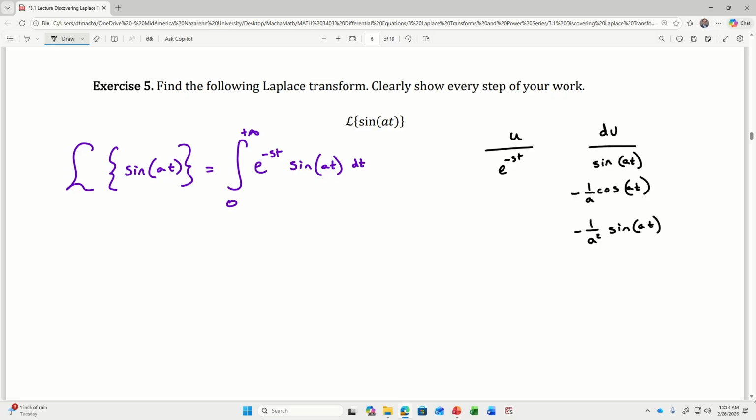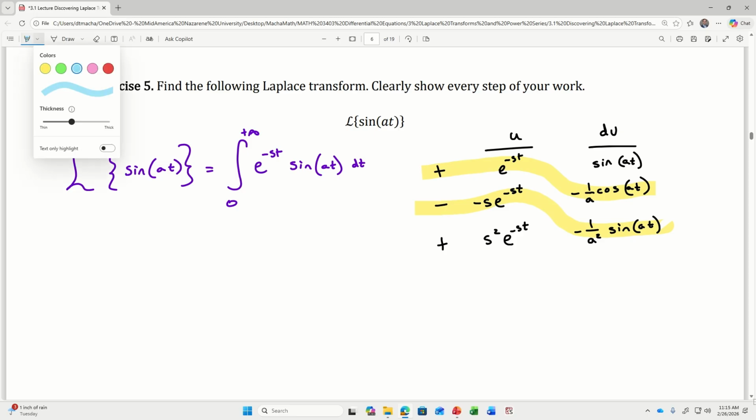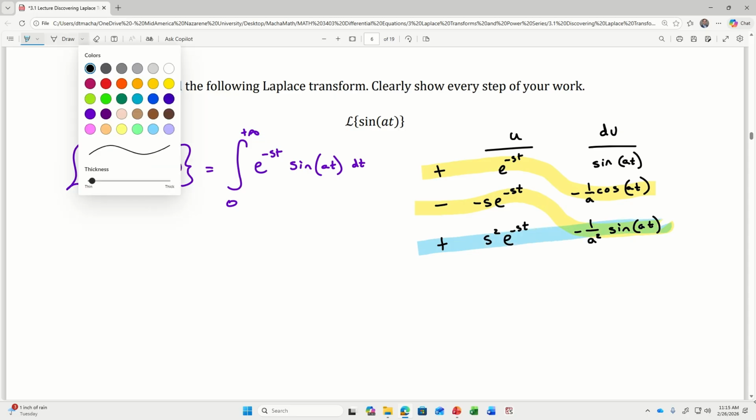And I'm taking derivatives of e to the negative st. So that would be negative s e to the negative st and positive s squared e to the negative st. Don't forget the plus minus plus. And then when we do the tabular integration by parts stuff, we multiply these factors and then add up the terms according to these groupings. And we're going to stop here because it's going to make a cycle.